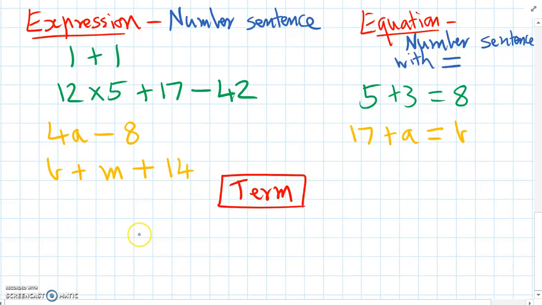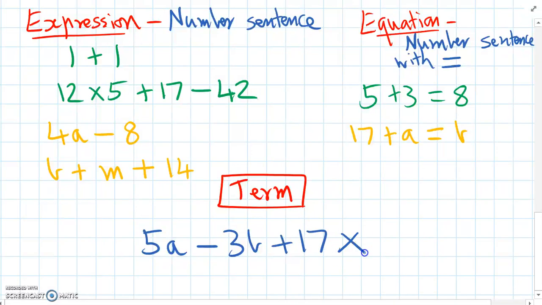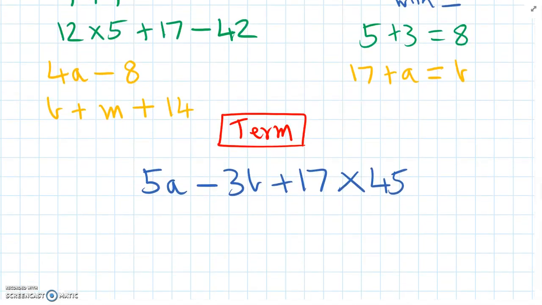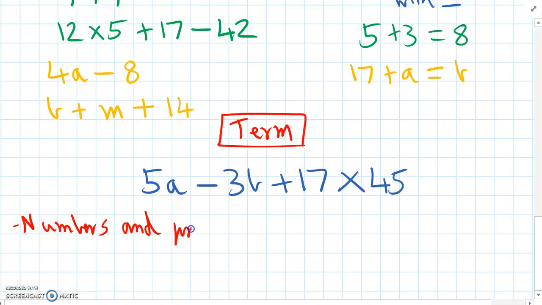So let's look at an example of an expression. 5a take away 3b plus 17 times 45. In this expression, we look for numbers and pronumerals that are together with a multiply or a divide symbol.